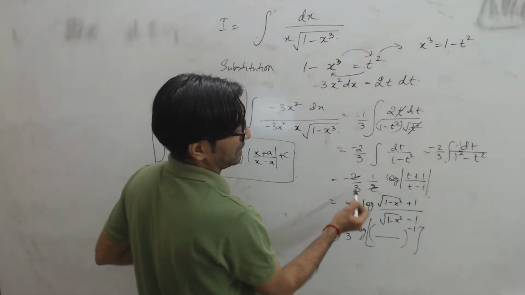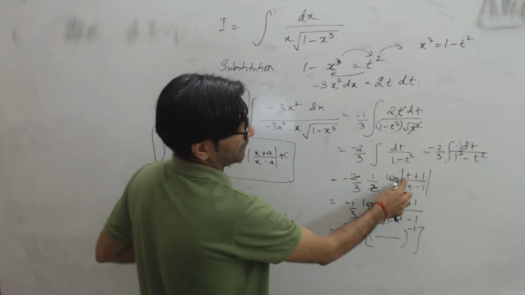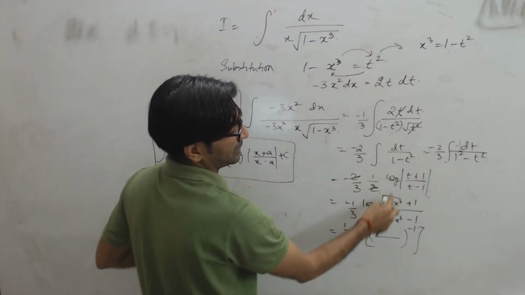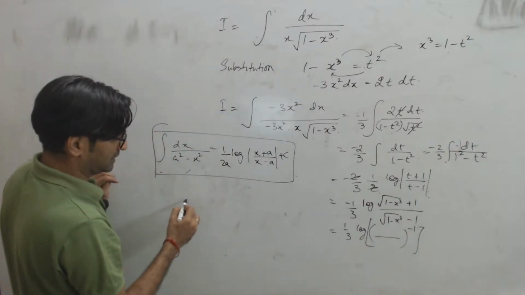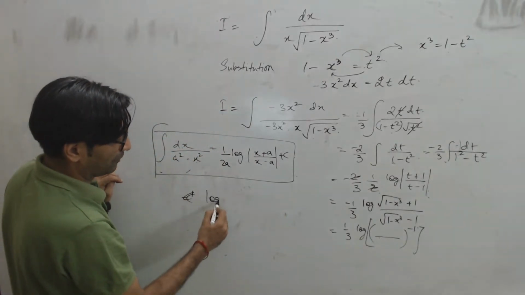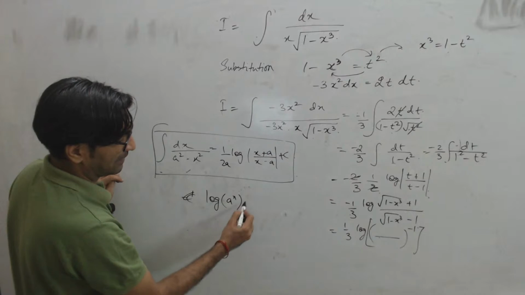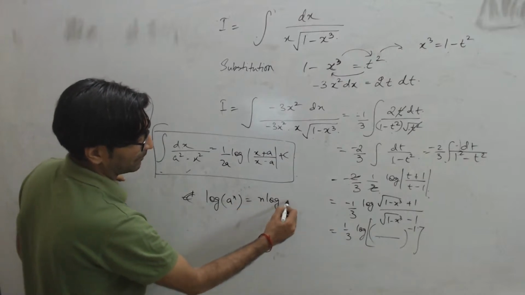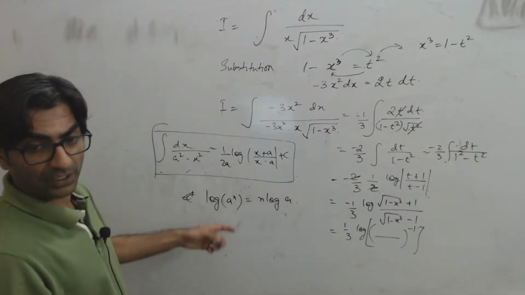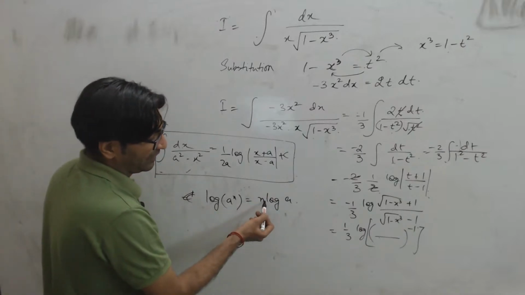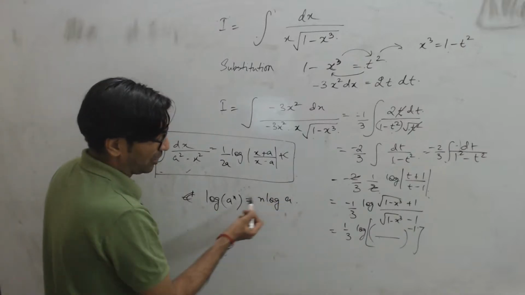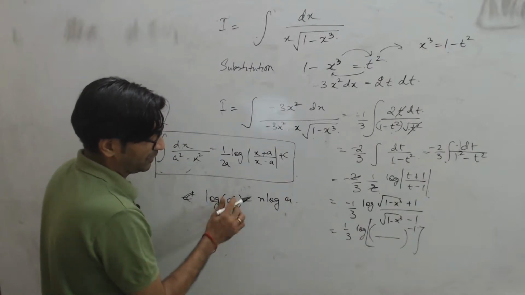So I'll be left with minus 1 by 3 into log of, now substitute t as root of 1 minus x cube. Right? And when you have negative, remember the logic here is log of a power n is n log a. ये log की property है. Log of a power n is n log a, which means if you have something outside, you can take it inside the logarithm by putting it into its power.